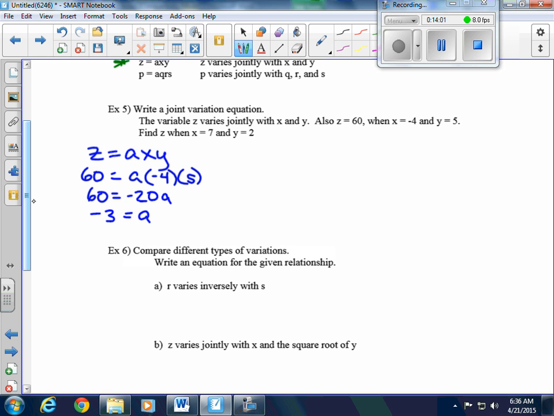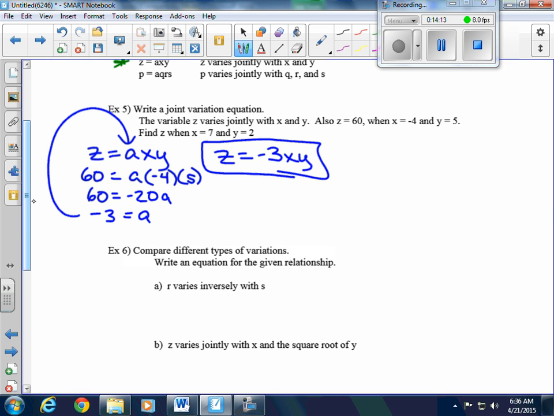Again, once we have the constant of variation, we just rewrite it into our equation. So Z is going to equal negative 3 XY. So there is your equation. And then once again, you need to have a second part. It says find Z when, and then they're going to give you X and Y, or whichever your joint variation variables are.